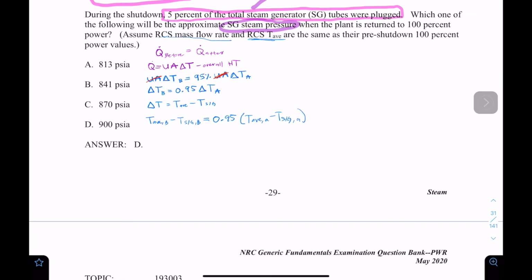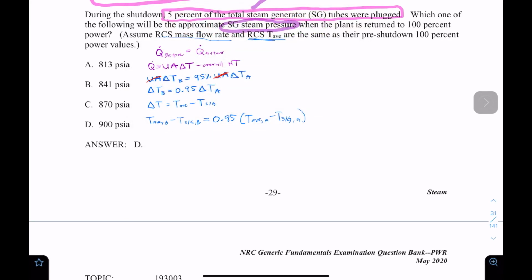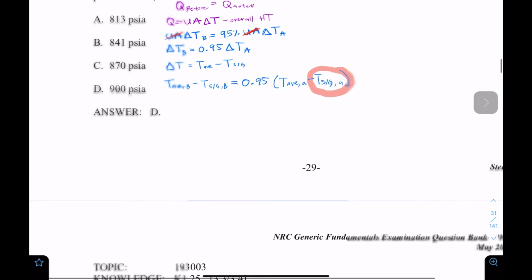But this is asking about the pressure of the steam generator. If I get the temperature, I can get my pressure, right? So basically, I need to solve for this guy here. That's what I need to solve for.